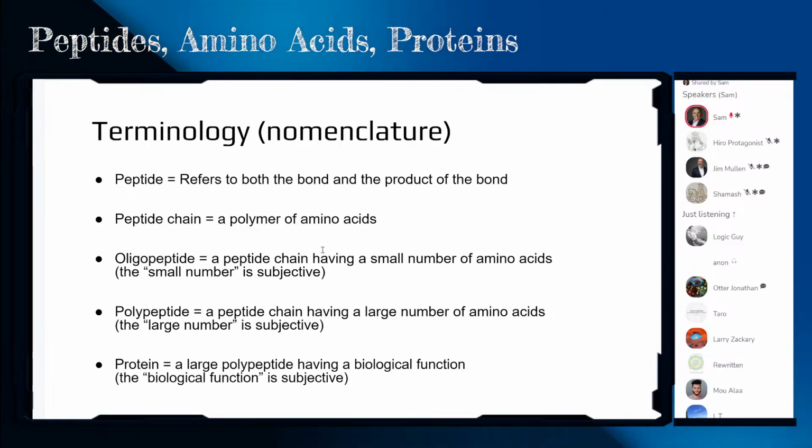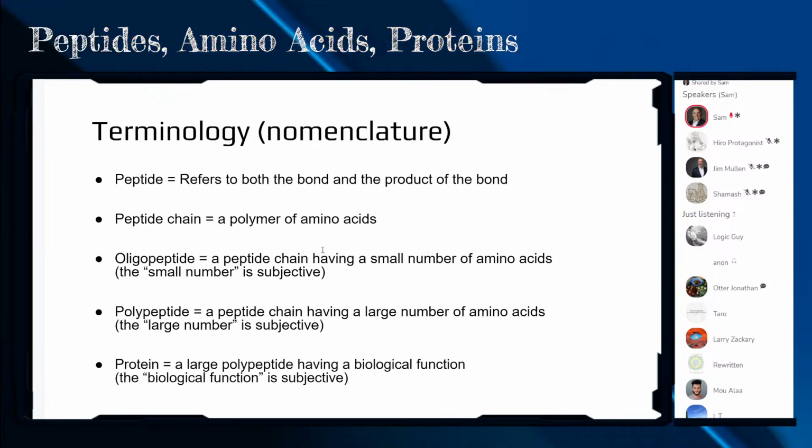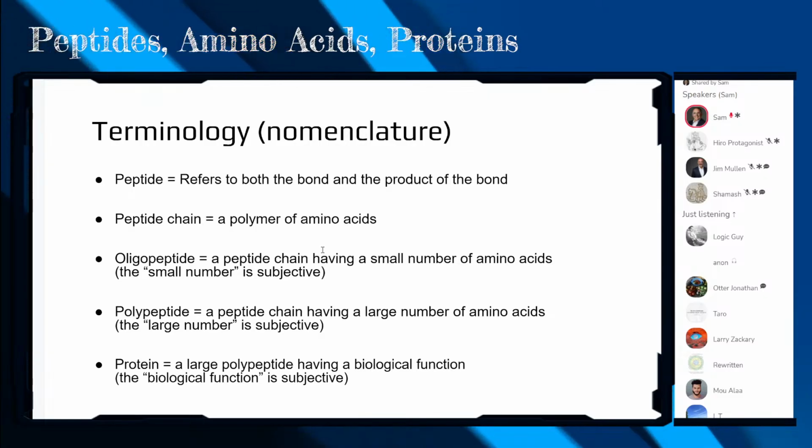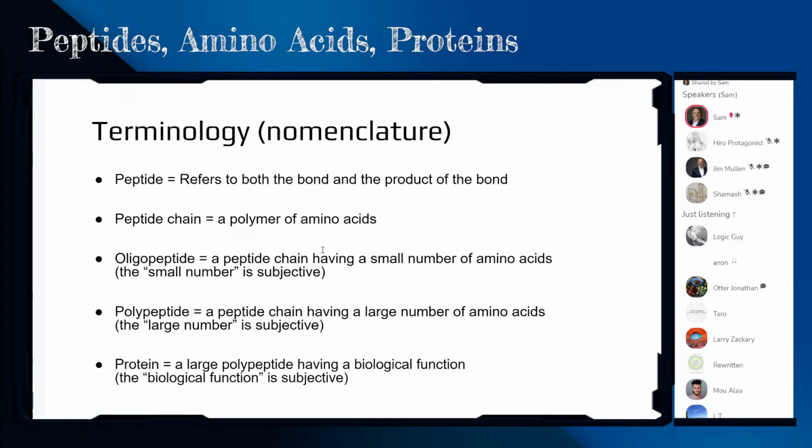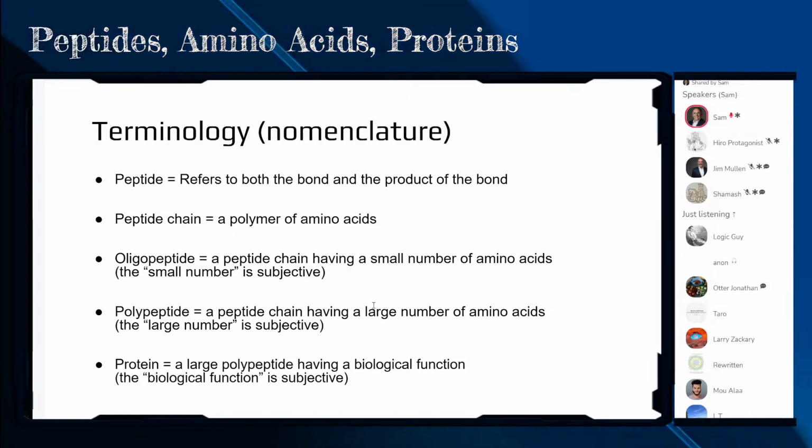Polypeptide, poly means many, is a peptide chain that has a large number of amino acids. What is a large number? That's quite subjective. It depends on the context that you're talking about. What is a protein? A protein is a large polypeptide that has a biological function. What is that biological function? Well, that's also subjective.